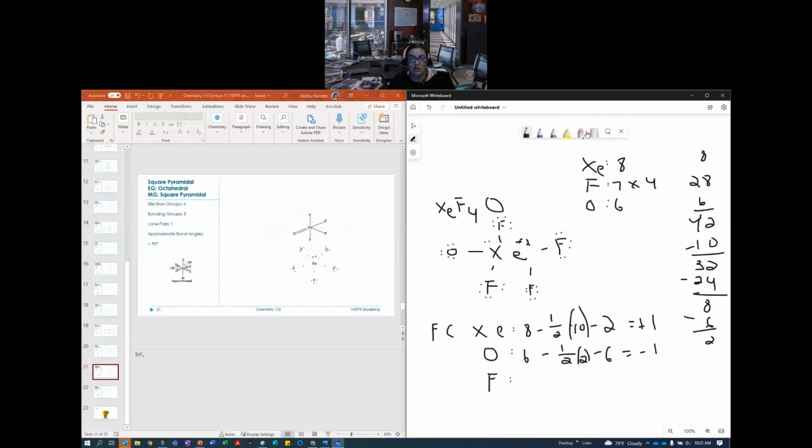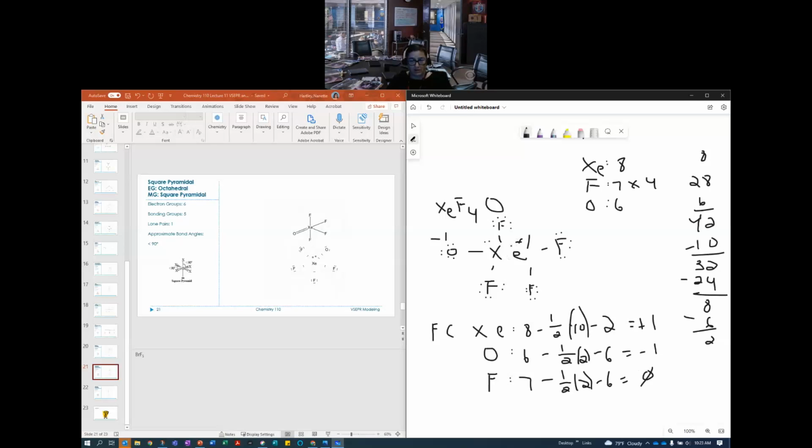So that should be a plus 1. My oxygen is minus 1. And my fluorine should have 7. We're going to have to subtract half of the bonding, there are 2 in that bond, minus the 6 that are around it. So shockingly, that is going to be 0.